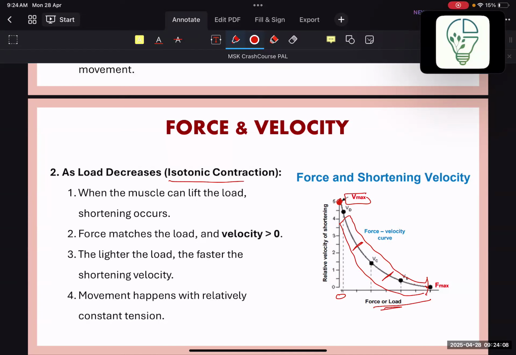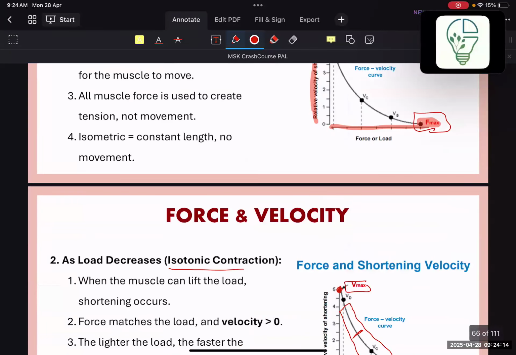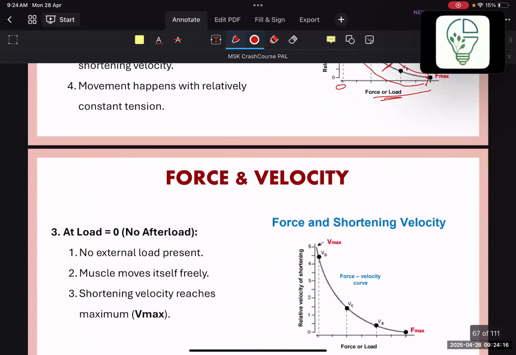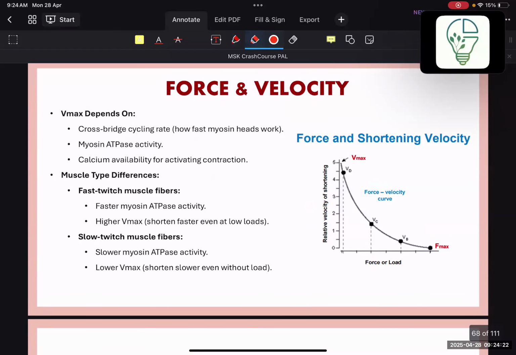And what did I say about force and load? It's the amount of weight your muscle is working against, or that your muscle is trying to move. So Vmax is only true when there's no afterload. Your muscle is moving itself. It's not moving anything. Okay? So what does Vmax depend on? Vmax depends on the type of muscle you're dealing with. And specifically, it depends on the cross-bridge cycle of that muscle.